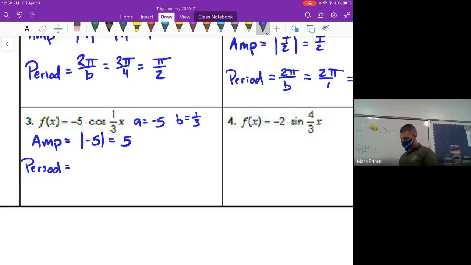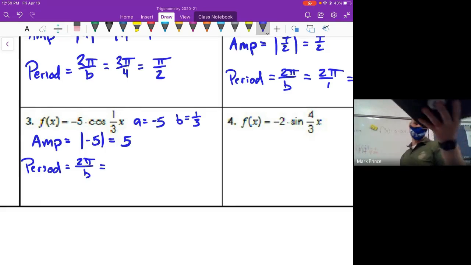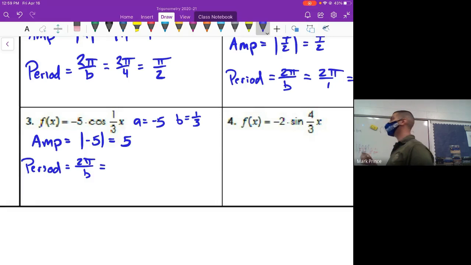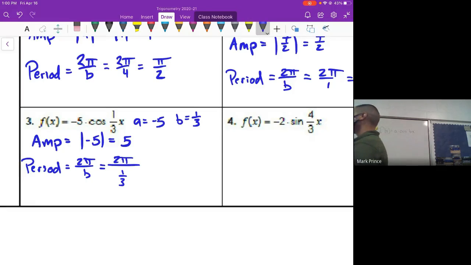All right, the period is 2 pi over B. So this is kind of what I was helping you with yesterday, alumni. That math will come back in again. So it's going to be 2 pi divided by 1/3. We can't divide fractions, so what we have to do is take the denominator, flip it, and multiply.